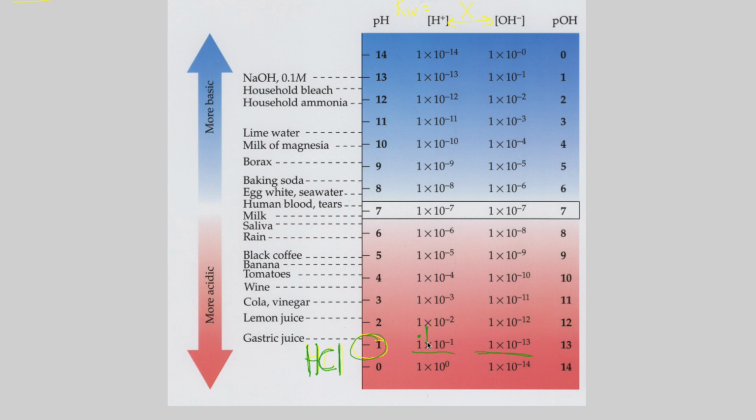The hydroxide ion concentration is 0.1 with 12 zeros, then 1 molar. Guys, that's the molarity of hydroxide ion concentration, and this is the molarity of hydrogen ion concentration in 1 molar HCl.